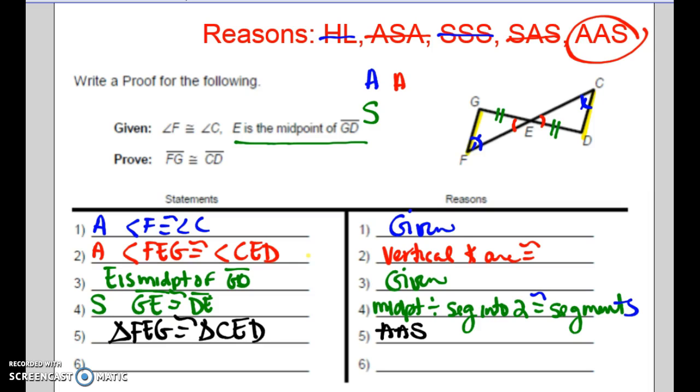Here's F and G. Does that correspond to C and D? It sure does. So I can say that FG is congruent to CD, and my reason is the corresponding parts of congruent triangles are congruent. And I'm done. So those are what you hear people call CPCTC proofs.